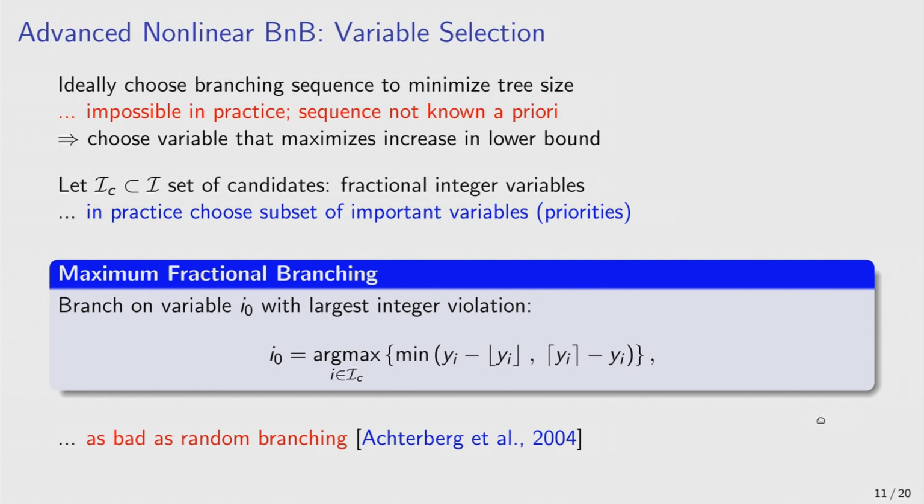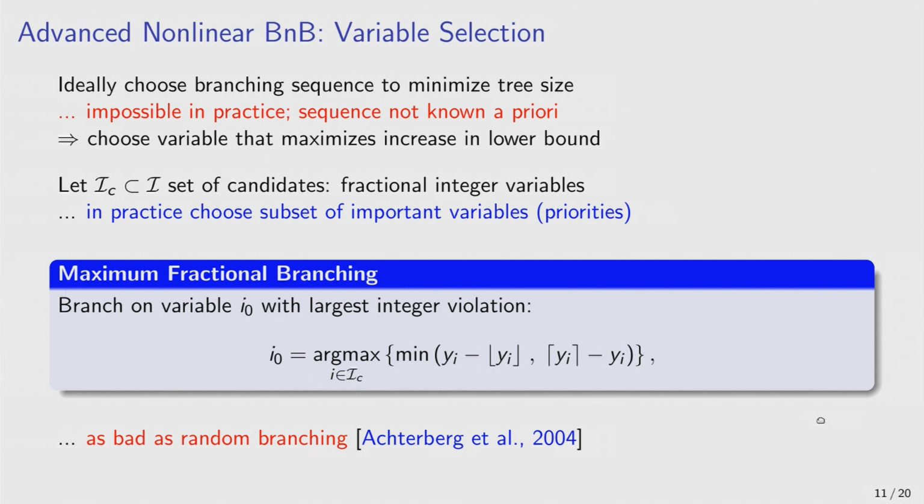And so you start off with a set of candidate variables in some set IC, that's the subset of the integer variables that you have. And so you might choose, for example, priorities. A very important aspect is that users often have a good idea of branching priorities, and they can tell you about this.